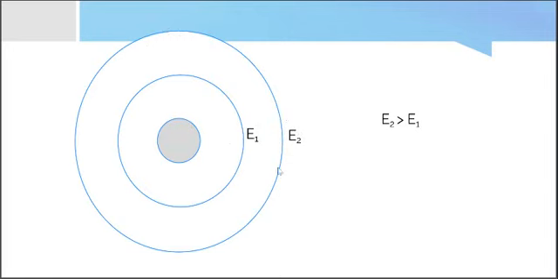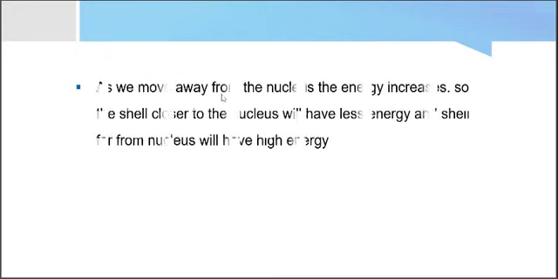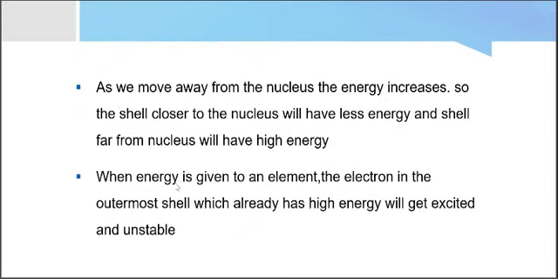So the electrons in the second shell will have higher energy than the electrons in the first shell. The shell closer to the nucleus will have less energy, and the shell far from the nucleus will have high energy.